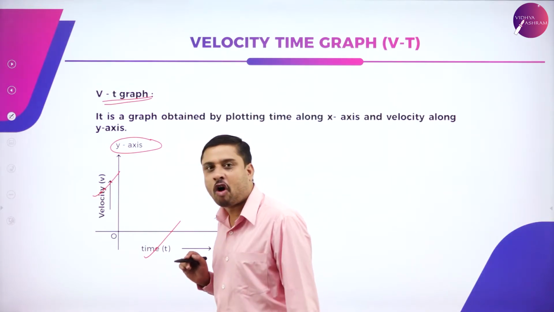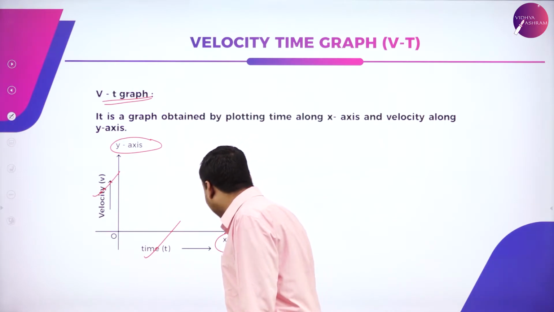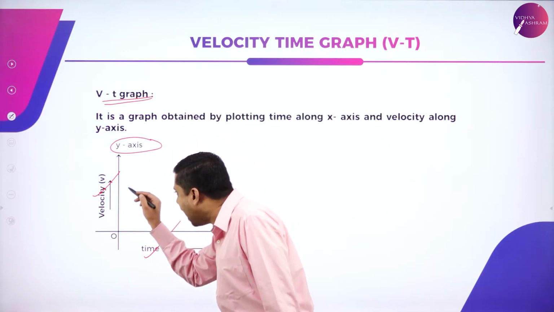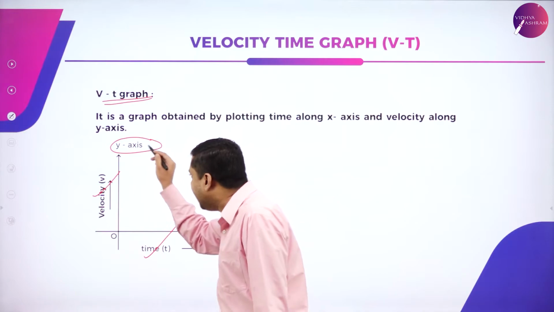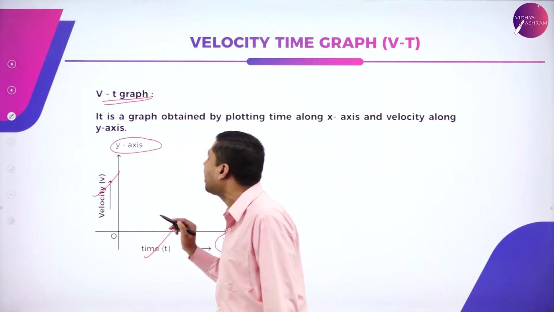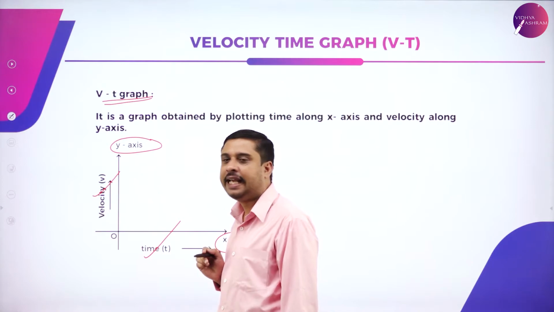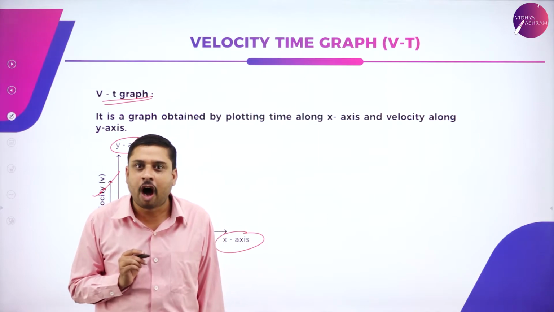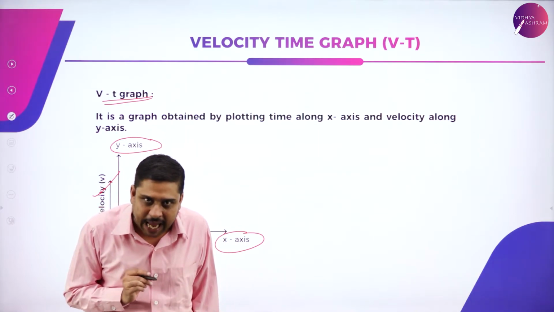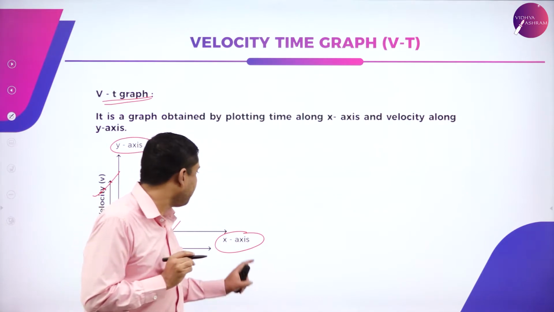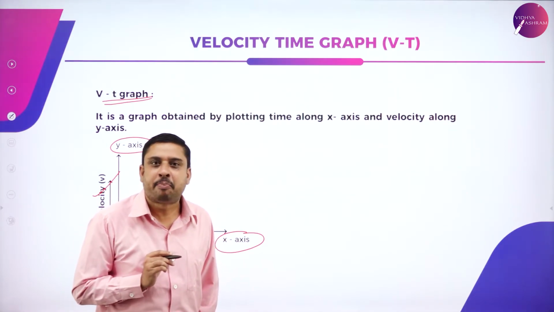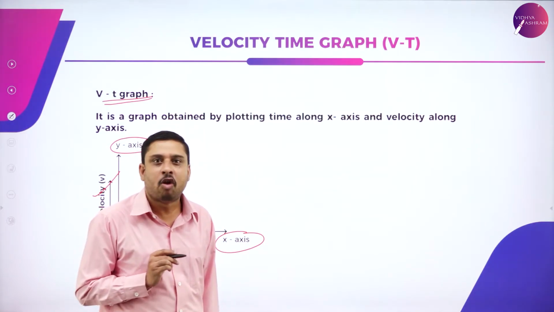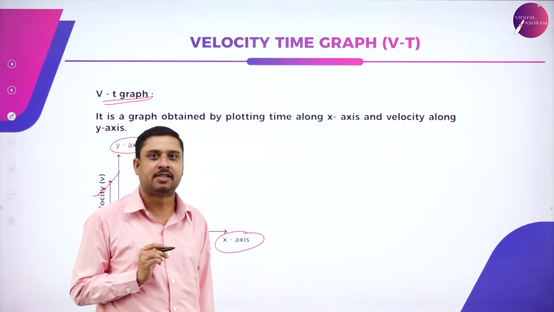What is a velocity time graph? Along the x-axis we have time, along the y-axis we have velocity, and any such graph is what we call a VT graph. So by the definition, a velocity time graph is a graph obtained by plotting time along the x-axis and velocity along the y-axis.